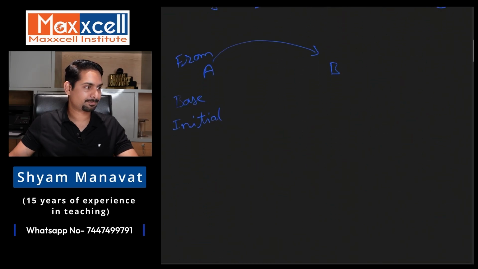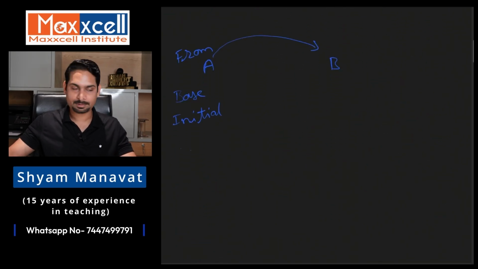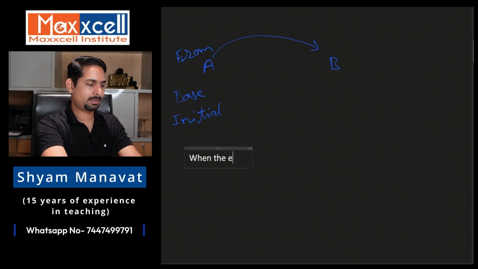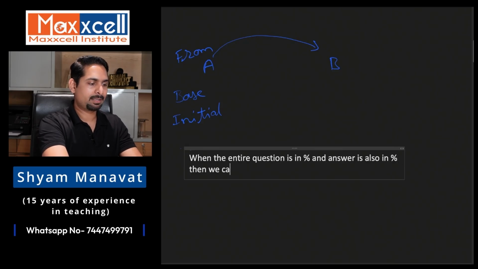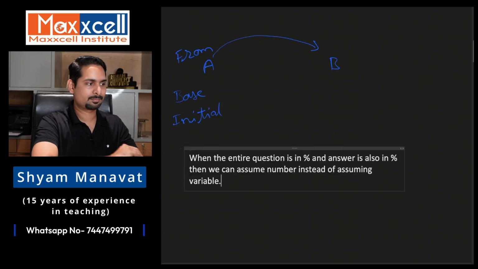The trick is, when the entire question is in percentage and the answer is also in percentage, then we can assume a number instead of assuming a variable.